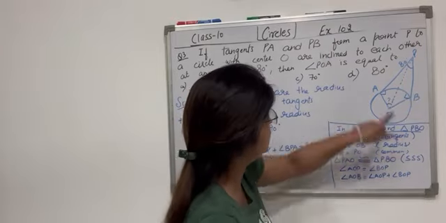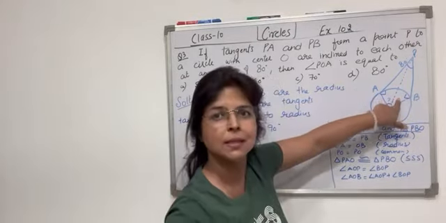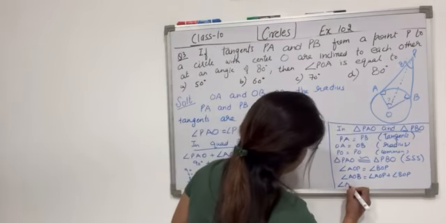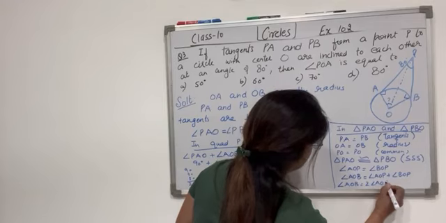AOB is the complete angle. This can be written as the sum of this angle plus this angle, and these two angles are equal. So I can write angle AOB is equal to twice angle AOP.